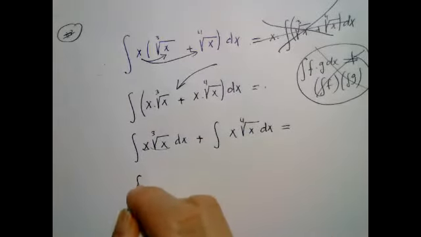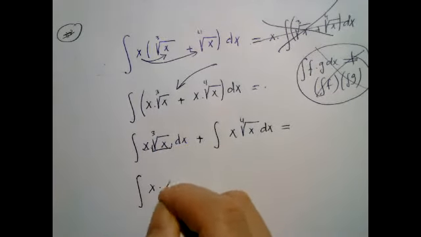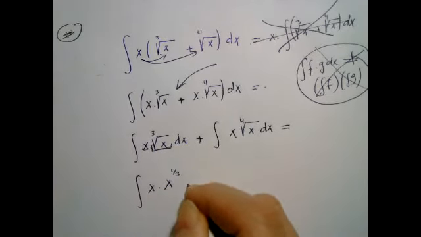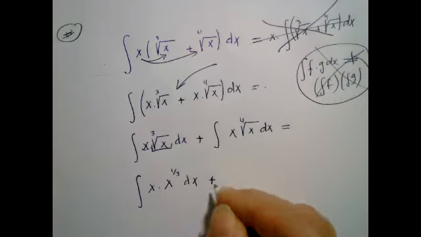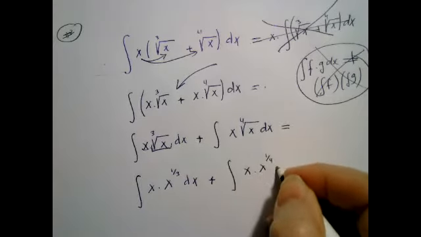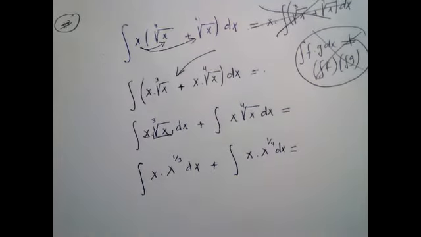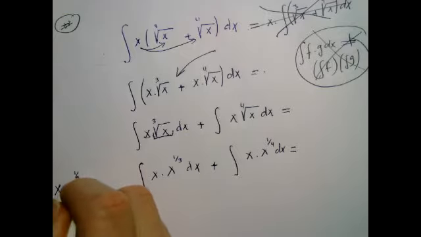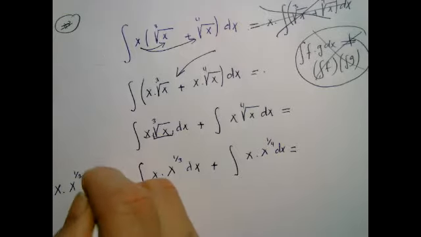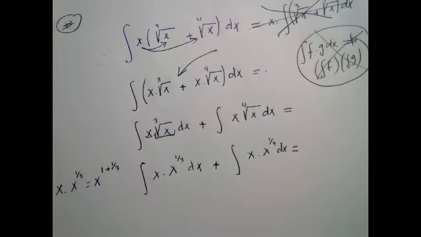The best way to deal with it is to rewrite the cubic root of x as x to the one third, dx. And this one, we're going to do exactly the same. Right? And now, x times x to the power one third, we use the law of exponents, is x to the power 1 plus a third.